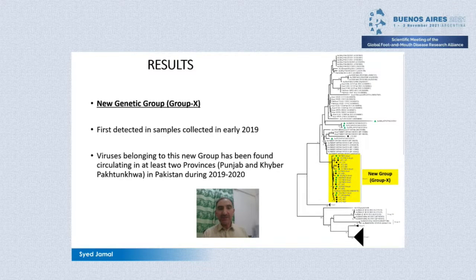Viruses belonging to this genetic group have been found circulating in at least 2 provinces in Pakistan, that is Punjab province in the eastern part of the country, and Khyber Pakhtunkhwa in the northwestern part, during 2019 and 2020. In 2019, both genetic groups, group 7 and group 10, were detected. However, in 2020, only group 10 was detected in samples from Pakistan.